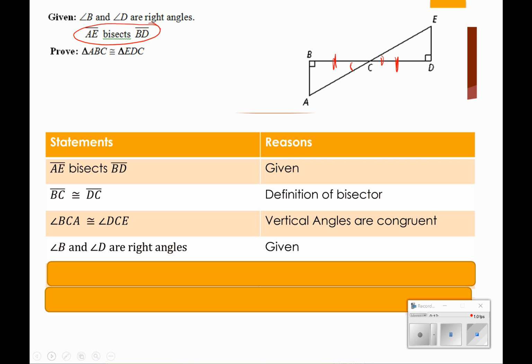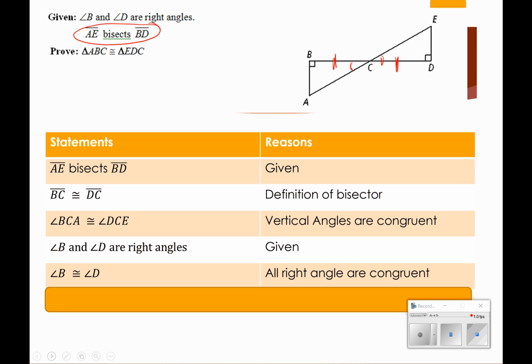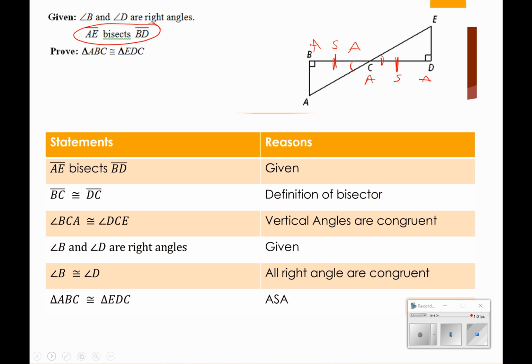I split them up because that makes it easier and more logical to follow. And because they're right angles, we know that they're congruent because all right angles are congruent. And now we have enough to prove our triangles are congruent by angle, side, angle.